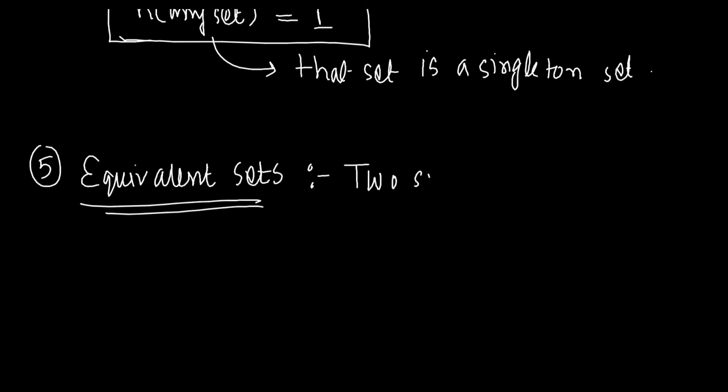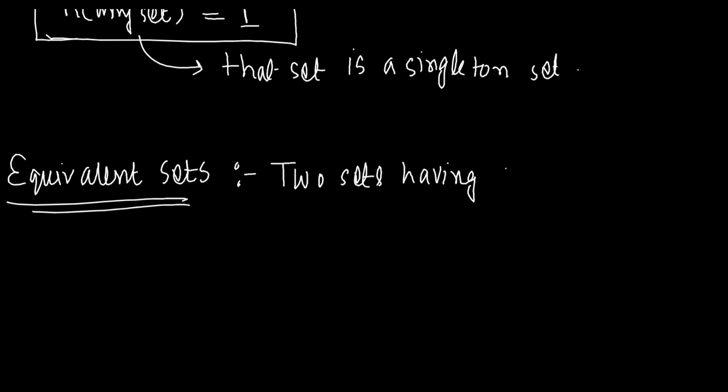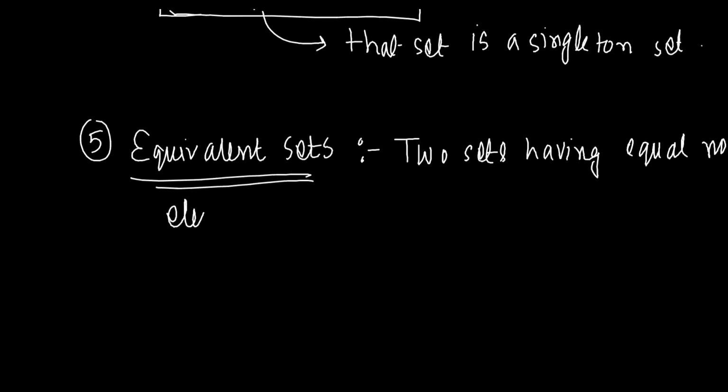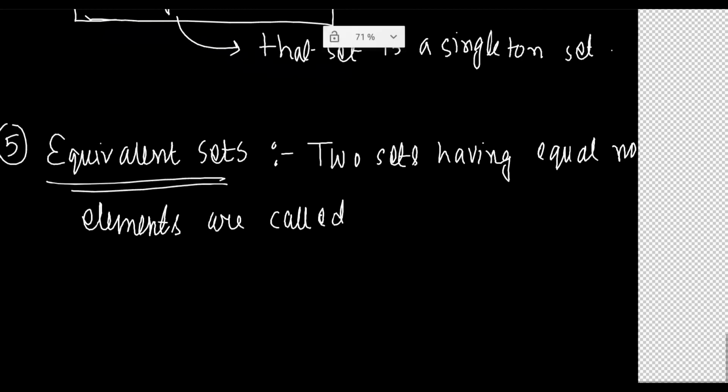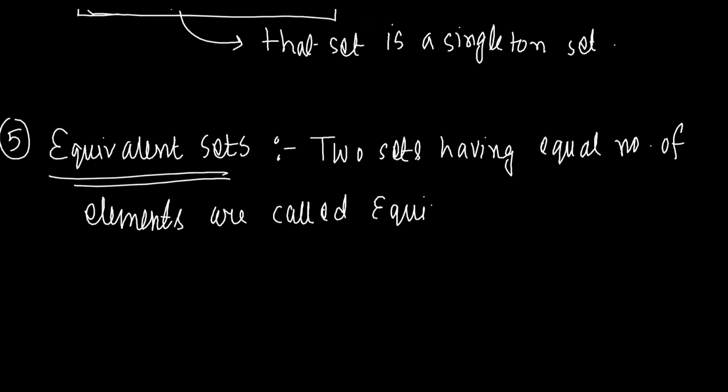Two sets having an equal number of elements are called equivalent sets.